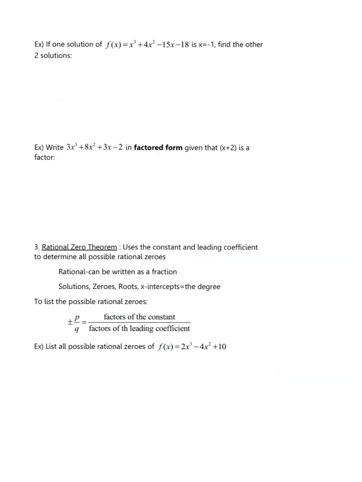All right, our next example says that if one solution is x equals negative 1, find the other two solutions. So if one solution is negative 1, that means that if I divide by negative 1, I should get a remainder of 0 because they're telling us it's a solution.